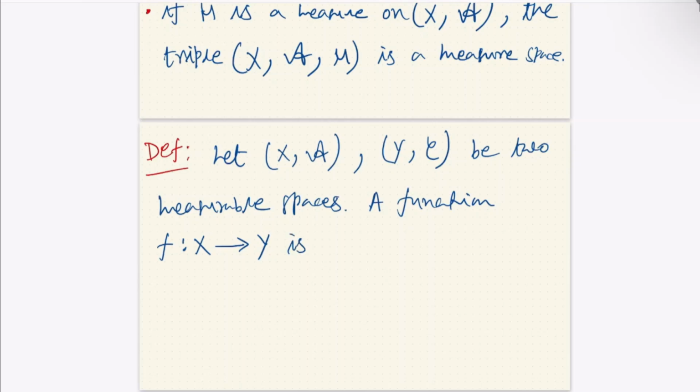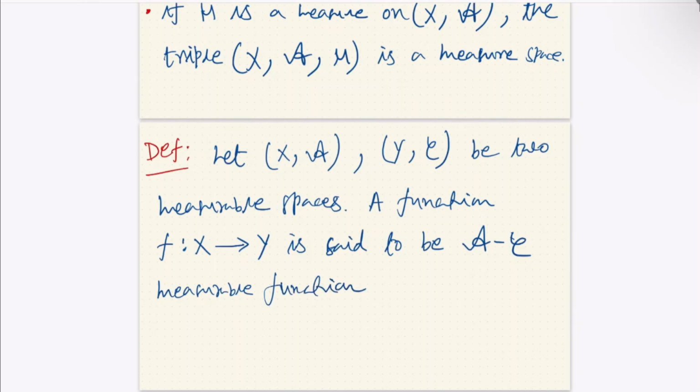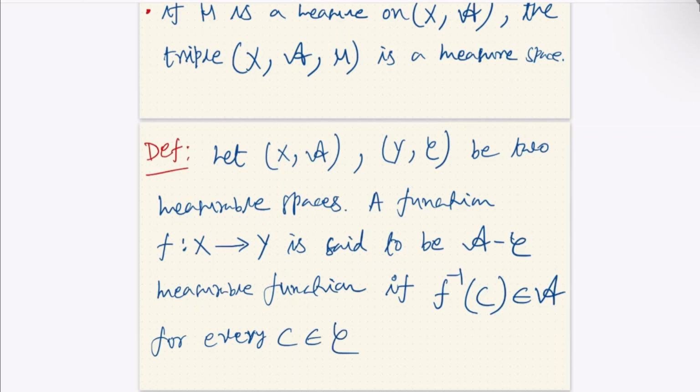The function f from X to Y is said to be an A-C measurable function. This completely depends upon what sigma algebras you are choosing in the domain and codomain. It is an A-C measurable function if f inverse of C belongs to the sigma algebra A for every C belonging to the collection C. It is quite simple.